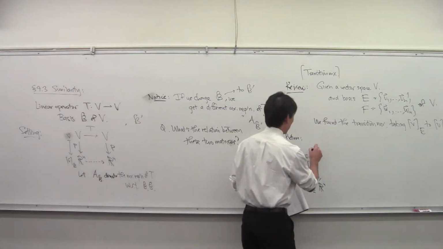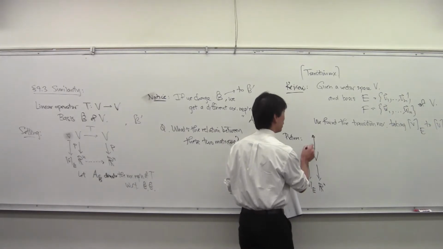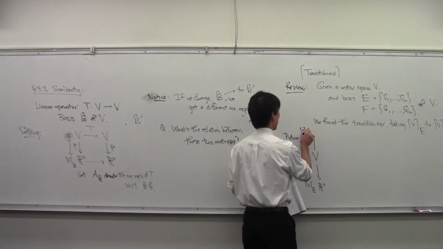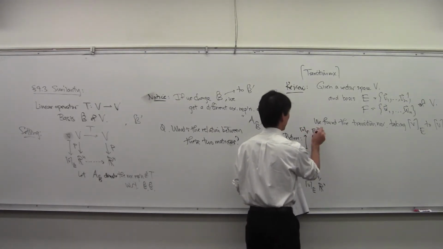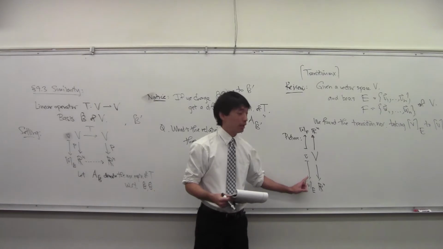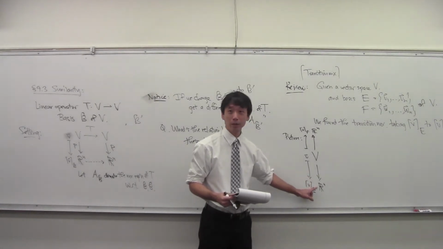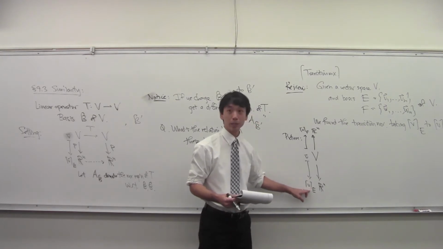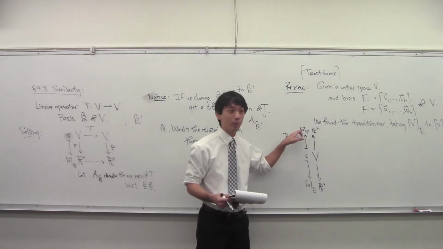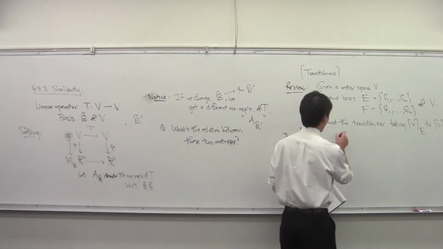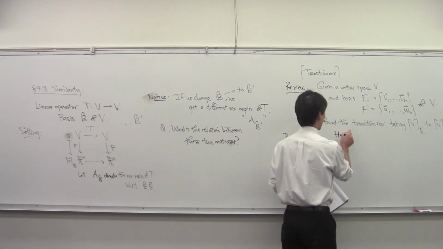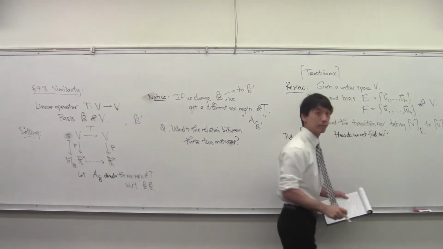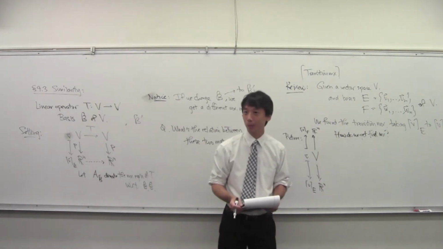But you also have another coordinate vector map, V goes to the coordinate vector with respect to F. And we figured out there was a matrix that took you from the coordinate vector with respect to E to the coordinate vector with respect to F. Does anybody remember how we get that matrix?